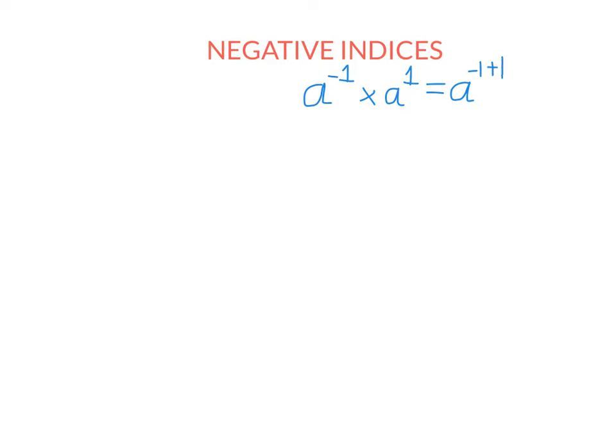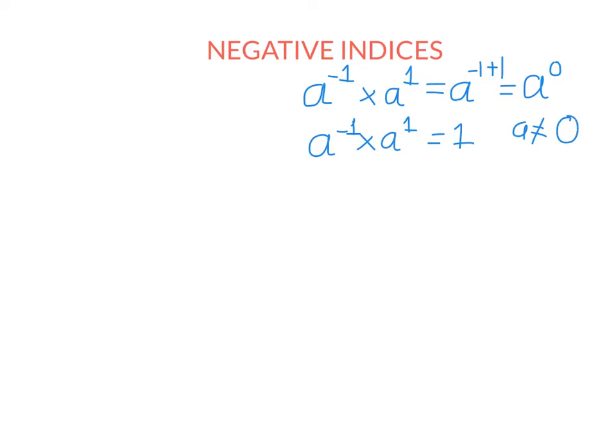So I get a to the power of -1 times a to the power of 1 equals a to the power of 0. Now, I told you in a previous video that anything non-zero to the power of 0 is 1. So a to the power of 0 is equal to 1 as long as a does not equal 0.